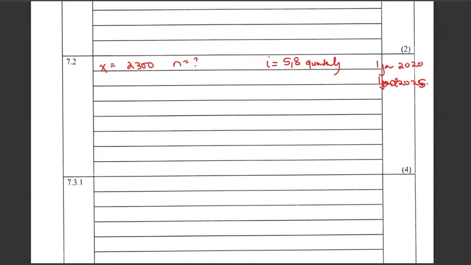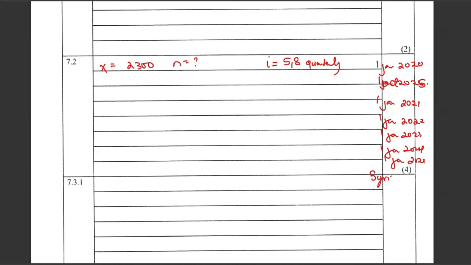Okay, so from 1st January, I know that 1st January 2021, 1st January 2022, 1st January 2023, 2024, 1st January 2025. So that's going to be like 1, 2, 3, 4, 5 years. Okay.